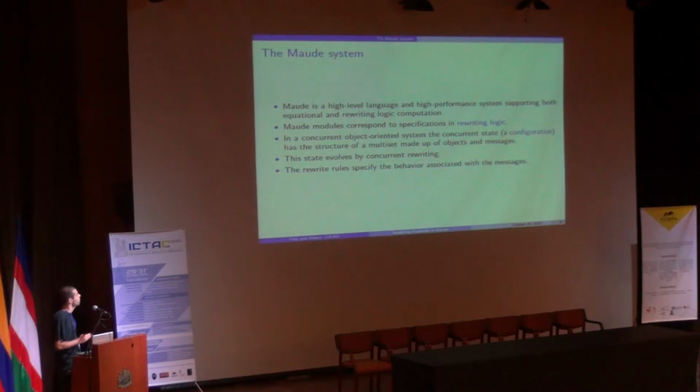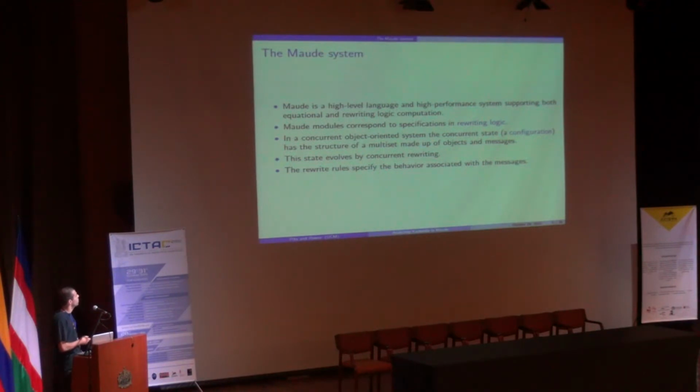So what's Maude? Maude is a high-level language and high-performance system which supports equational and rewriting logic computation. With equations you can specify terms that are equal, which usually are the data structures, and then you have rewrite rules that can express changes in systems.